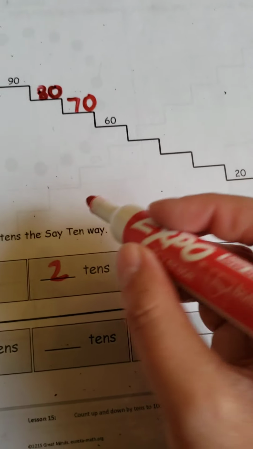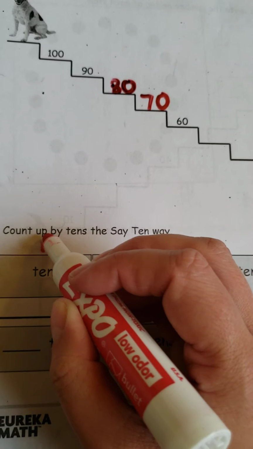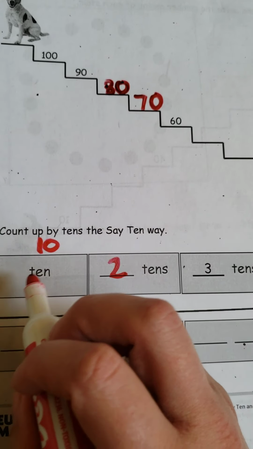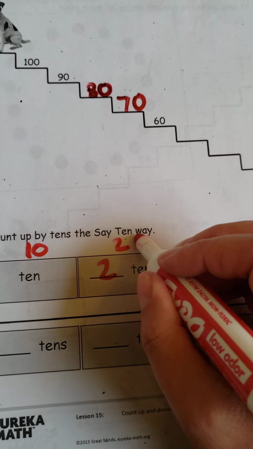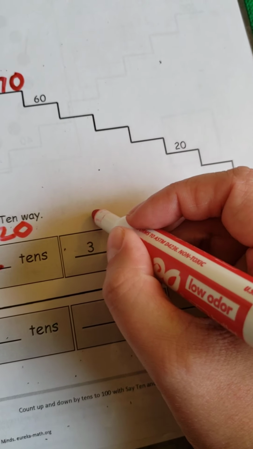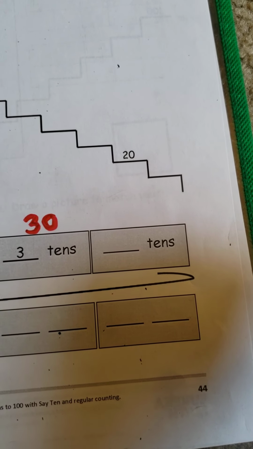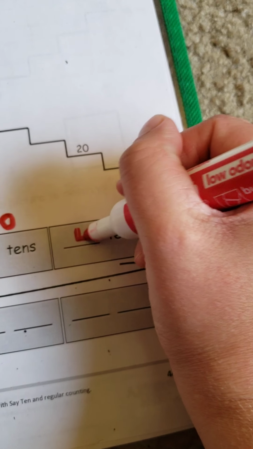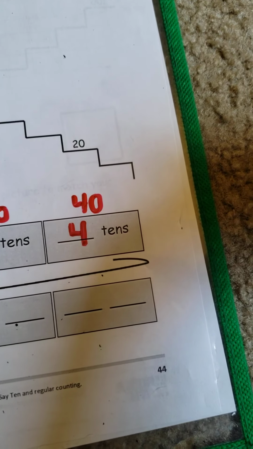And if you want to write what the number looks like above the box, you can do that too. So 10, 2 tens is 20, 3 tens is 30. What comes next? 4 tens is 40.